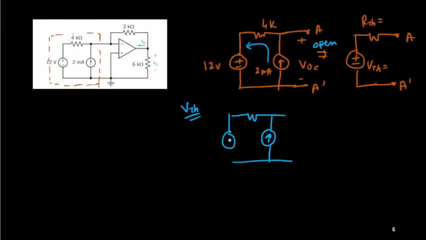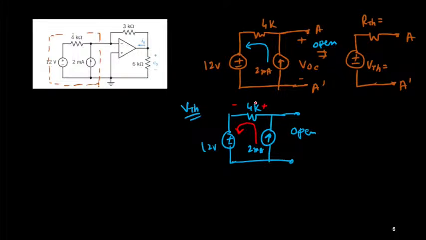So I'll keep everything the same, 12 volt, this is 4K, and this is 2 milliampere, but this part I have made open. So the current flowing through this one has to go through this side. So what is the drop across this 4K? Current through the 4K is again 2 milliampere.